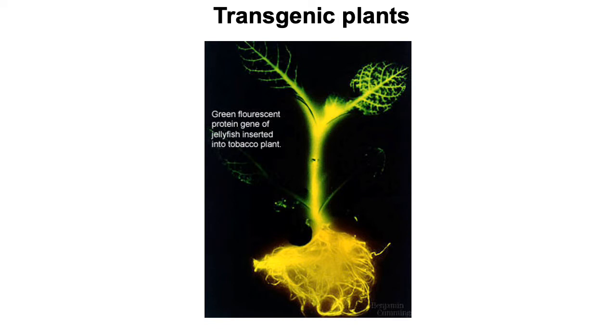So we saw how we can get green fluorescent protein being expressed in bacteria. We saw that with the pGLO plasmid. But we know we can express proteins like green fluorescent protein, or GFP, in plants. We can express them in animals. And so I want to talk a little bit now about transgenic organisms.